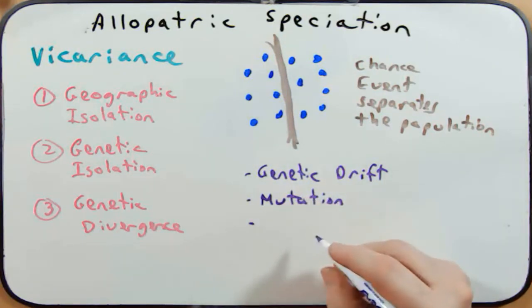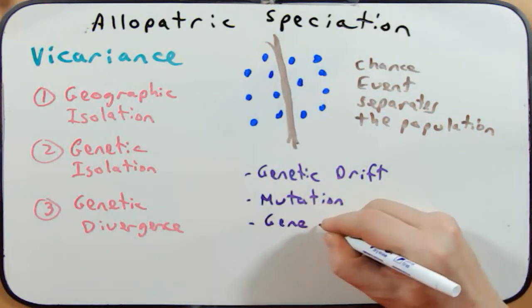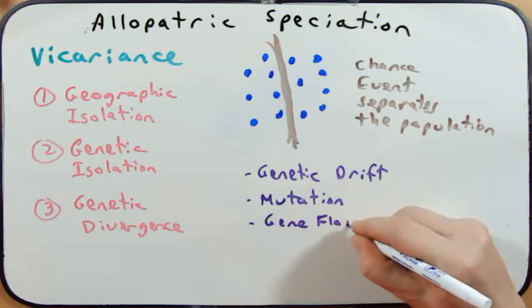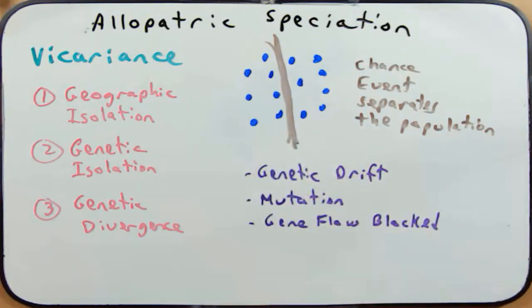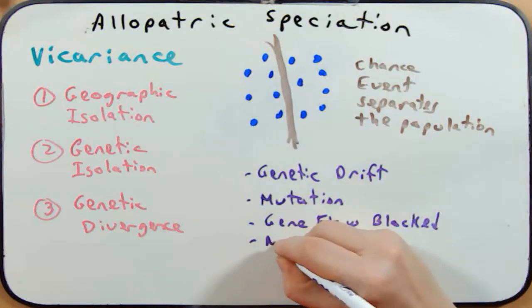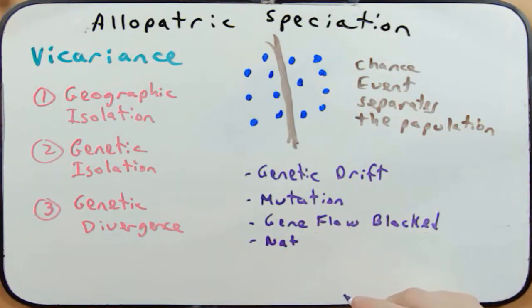So the next one corresponds with what I just said, and that is we could have gene flow blocked between these two now separate populations. And lastly, natural selection can affect the genetic diversity of these two populations to the point where they can now become distinct populations. So let's consider an example of vicariance.